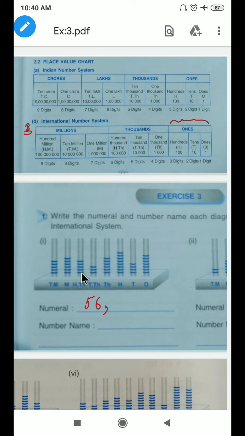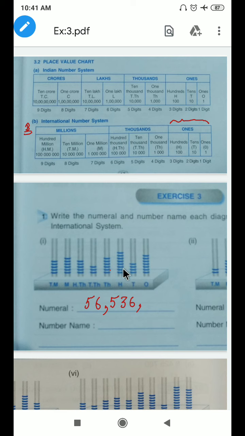There is 100,000, 1, 2, 3, 4, 5. So in 100,000 room there are 5 rings. In 10,000 room there are 1, 2, 3 rings. And in 1000 room 1, 2, 3, 4, 5, 6 rings are there. So one type of room is covered, that is 1000, so put here 1 comma.